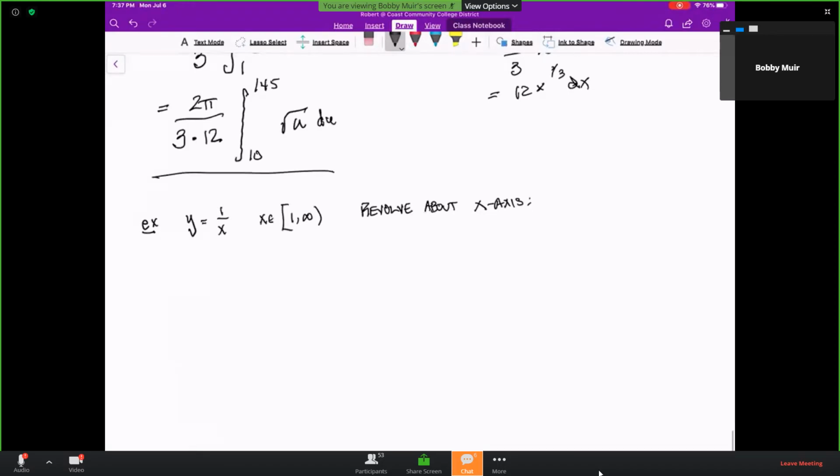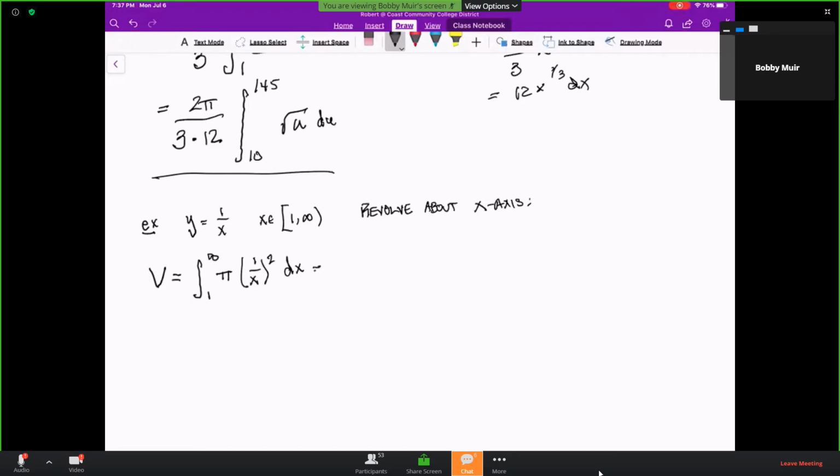So the volume of this, if you guys remember how to do that, it's going to be the integral from 1 to infinity of pi times the function squared using the disk method, dx.